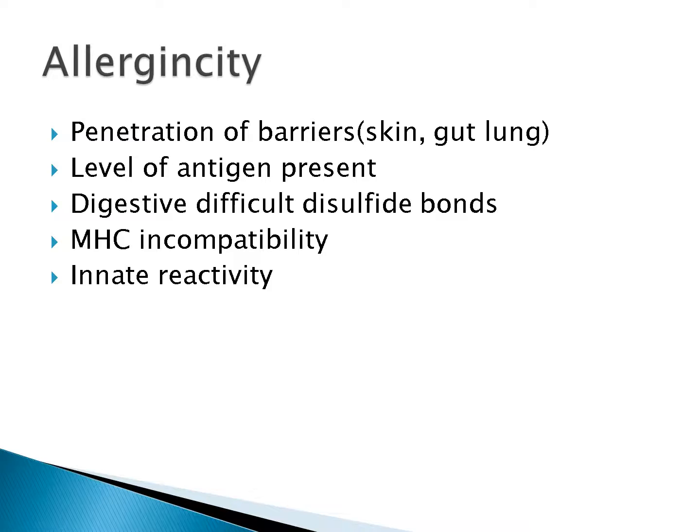A lot of toxins use these bonds, and these are not well broken down by enzymes. So this could be one of the reasons why eggs are at such a high risk of allergy development, because these bonds are so strong that you don't break these proteins down into amino acids.